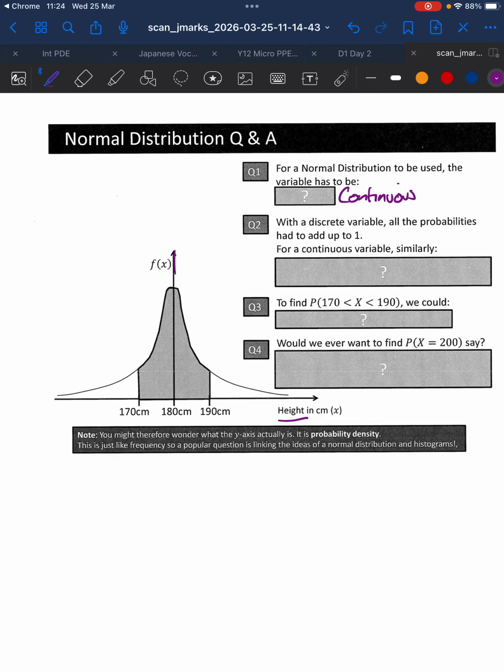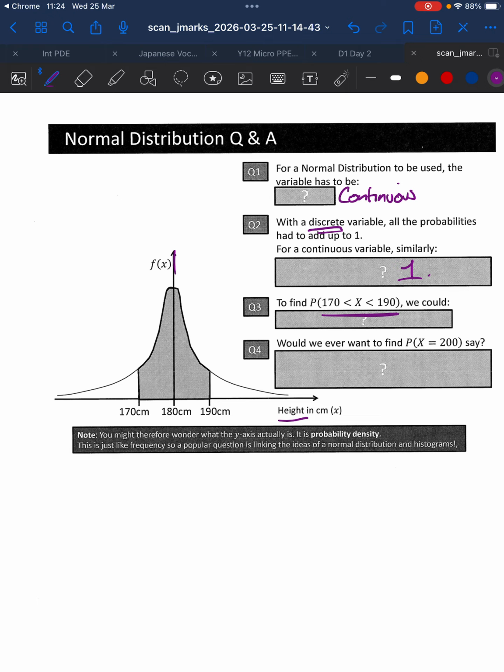So if we have a continuous situation, the normal distribution is what we want. With a discrete variable, so this is when you were doing binomial, for example, everything had to add up to 1 in terms of the bars. So here, similarly, all of this that I'm shading now, all of this will add up to, well, you guessed it, 1.